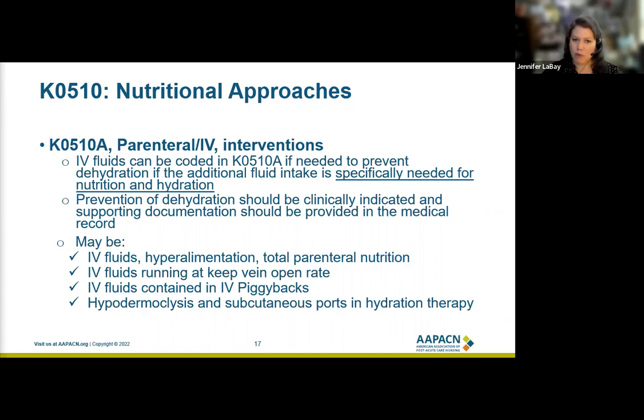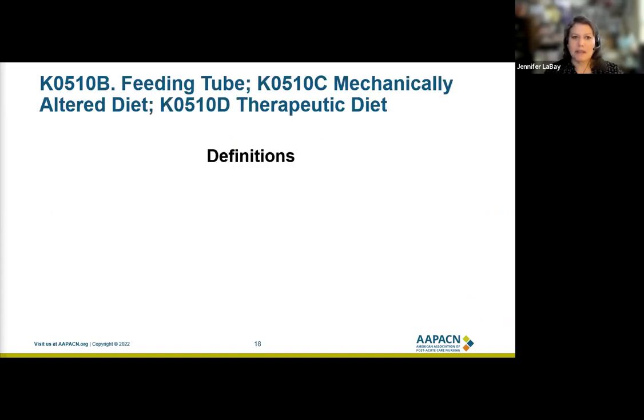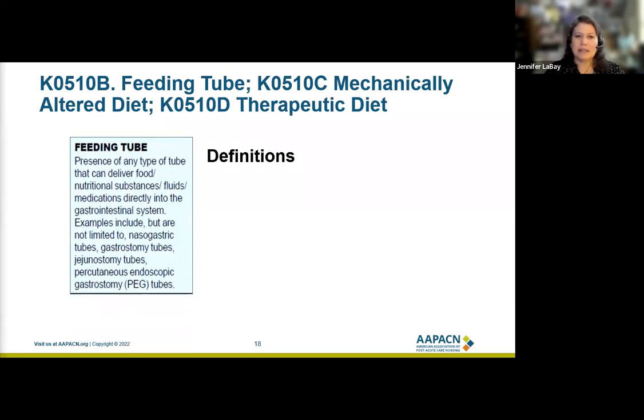Hypodermoclysis or subcutaneous ports in hydration therapy, even though it is not parenteral or IV, this does count here. So if you're doing those subcutaneous ports that have hydration therapy and it is for hydration or nutrition purposes, you can capture that here. A lot of folks don't realize that. Therapeutic diet, feeding tube, mechanically altered diet are the next items. Feeding tube is the presence of any type of tube that can deliver food or nutritional fluids, medications directly into the GI system.